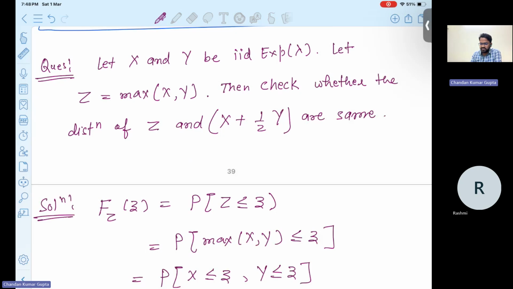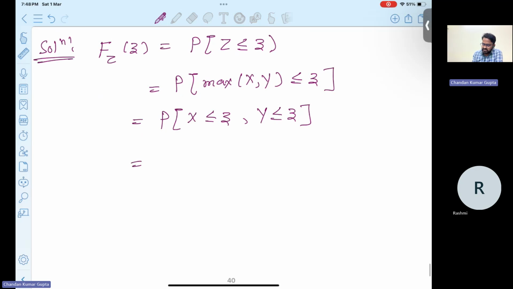It is also given that X and Y are IID, independent and identically distributed, so the joint can be represented as a product of marginals. This means the probability that X is less than or equal to z times the probability that Y is less than or equal to z.